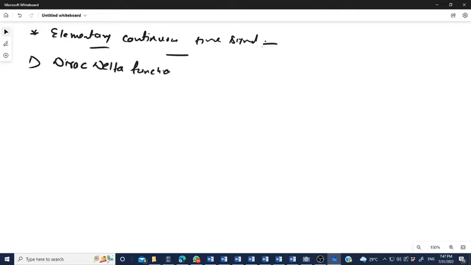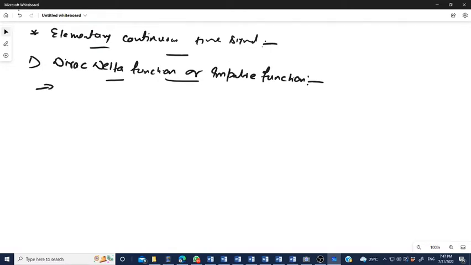It is not a function but a distribution, also known as the impulse signal or impulse function. So you can define the Dirac delta function.